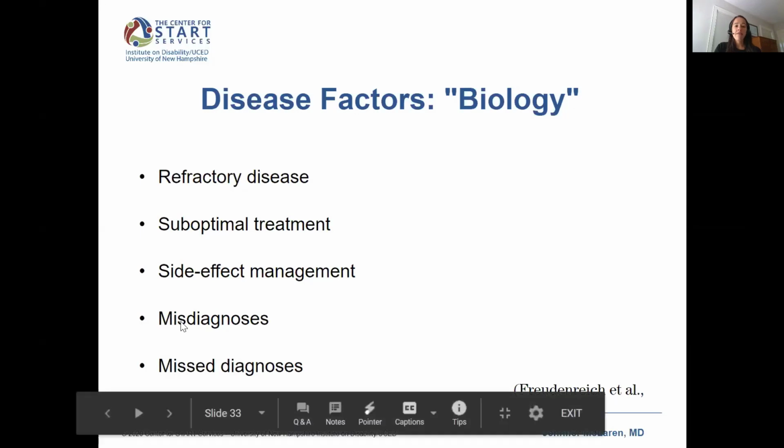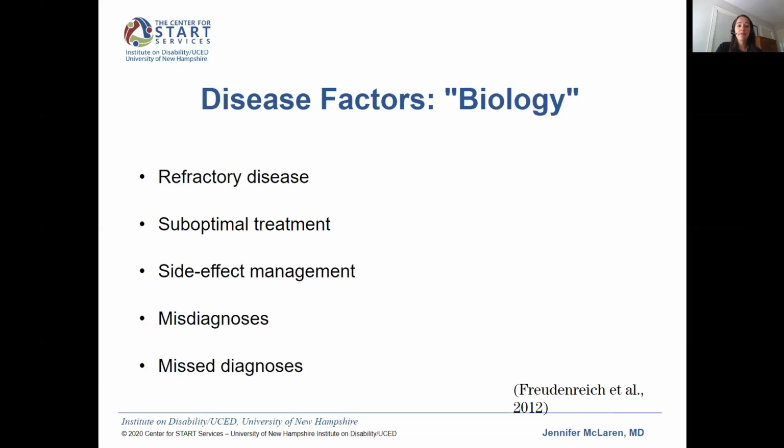Do we have the right diagnosis, right? So if we're treating depression, are we sure it's depression or is something else going on? Or is there another diagnosis that we're missing and we're treating the wrong thing, right? Are we treating depression, but the individual's really struggling with significant substance abuse that needs treatment first?